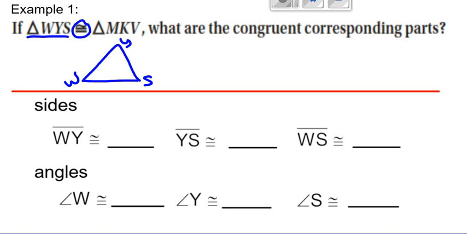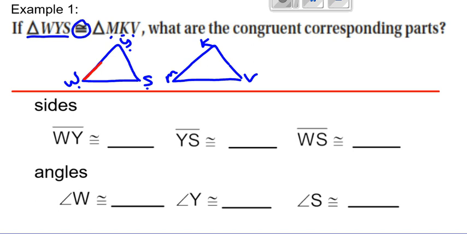You want to make the second triangle look as similar to the first one as possible. So WYS, I went WYS, so this one has to go MKV in that same order. So MKV. Now it's going to be easy for me to identify the corresponding parts.